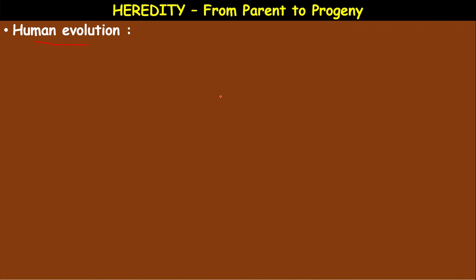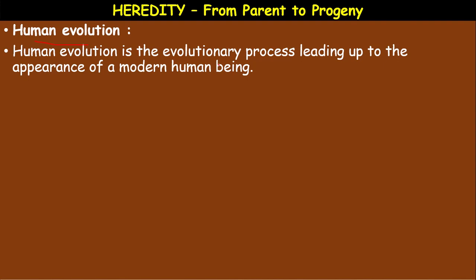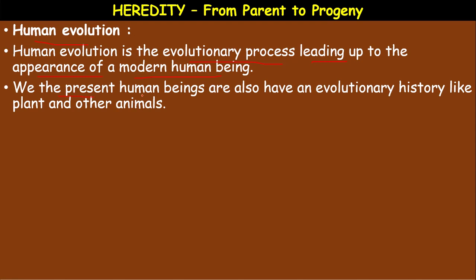Homo sapiens is the scientific name of human beings as a distinct species from other hominids, that is the family. Hominidae is the family to which human beings belong. The great apes and placental mammals also belong to that Hominidae family. Human evolution is the evolutionary process leading up to the appearance of the modern human being. The present human beings also have an evolutionary history like plants and other animals.